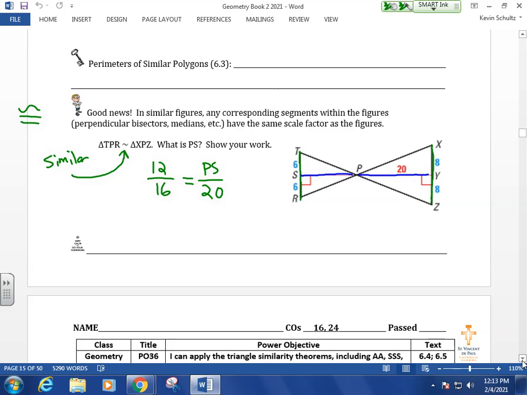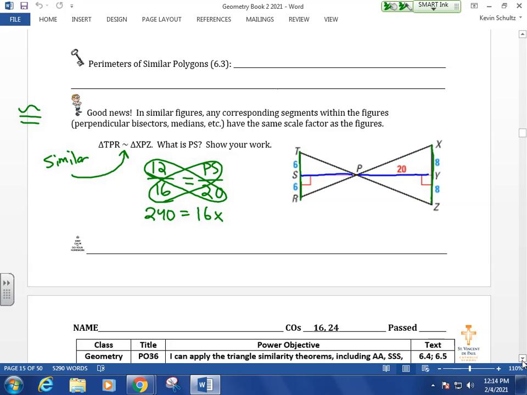So using cross products to solve this, since that works every single time, we have 12 times 20, which is 240, equals 16 times PS, which I'll replace with an X. So 240 equals 16X.